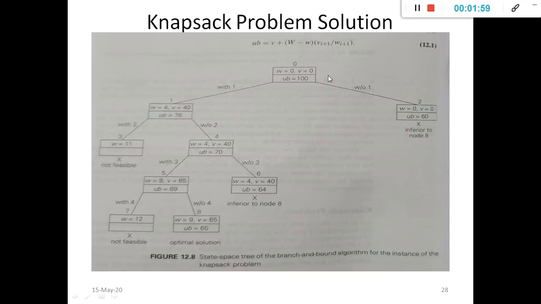Then let us see the state space tree for this knapsack problem, and how to design it using the upper bound formula.